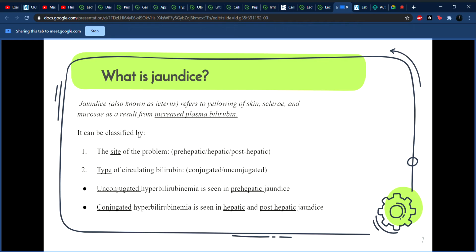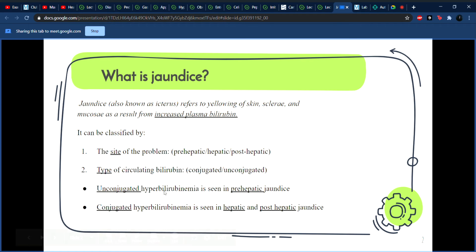So the classification of jaundice, we can classify it by the site and the type of the circulating bilirubin. There are three sites of the problem: prehepatic, hepatic, and post-hepatic jaundice. I'll explain later.